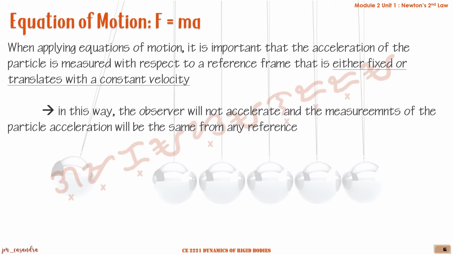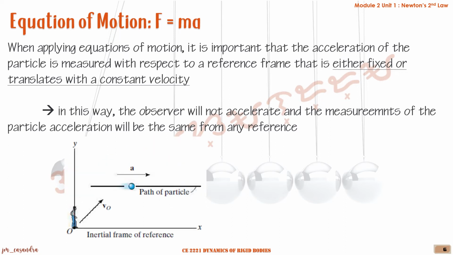Okay? So, ito yung ginagawa natin sa kinematics wherein we have a reference frame. That reference frame will always be fixed or will have a constant velocity with respect to the moving particle under observation. So that fixed reference point or fixed reference frame is what we call an inertial frame of reference.